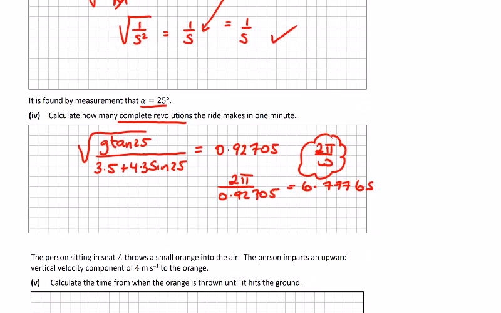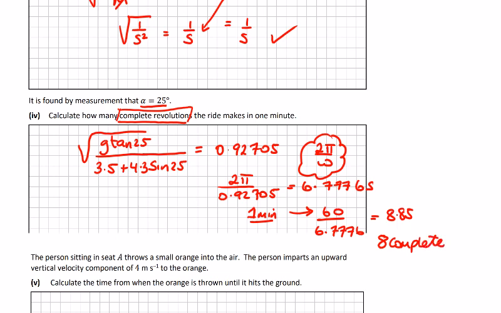So in 60 seconds, how many will we get? It's just going to be less than 10. 60 divided by 6.7776, that's 1 minute, and that's going to give me 8.85. What does it ask for? How many complete revolutions? So 8 complete.